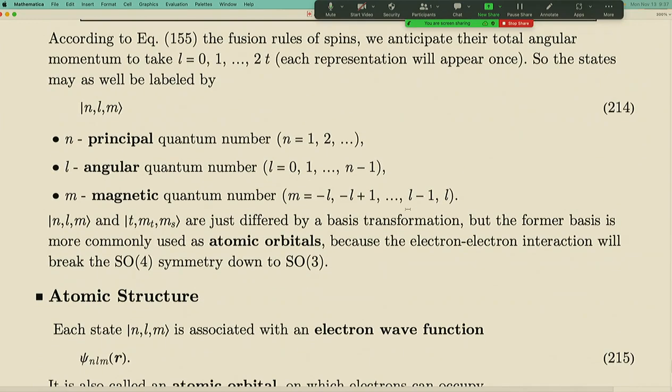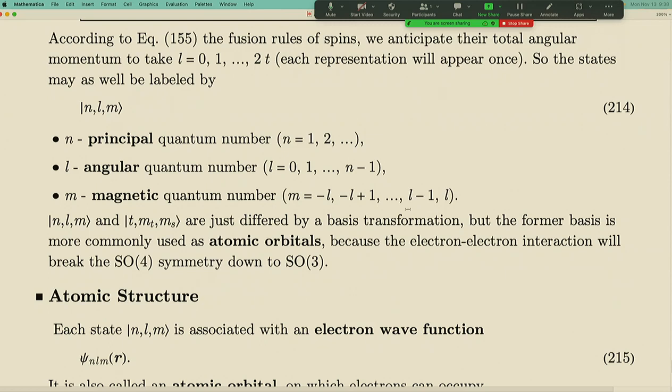And m is called the magnetic quantum number because it determines, given the total angular momentum, what else you can still have. For example, if you have a non-zero total angular momentum, that means the electron will be orbiting around the nucleus or the proton, then it will create a magnetic field, and it will respond to a magnetic field. If you really set up a magnetic field, then it will cause splitting of these energy levels.